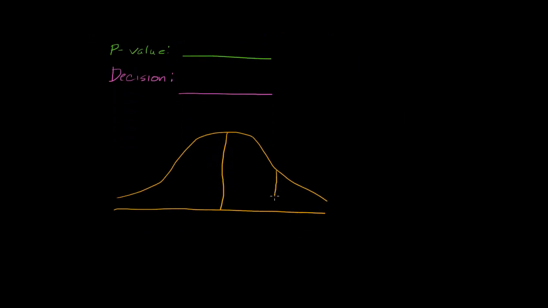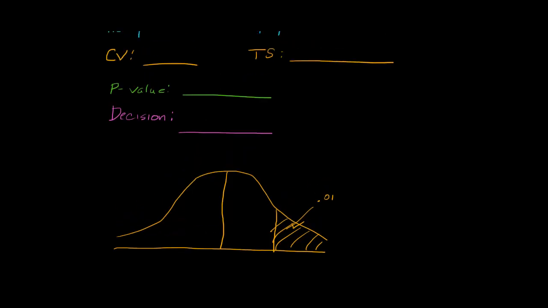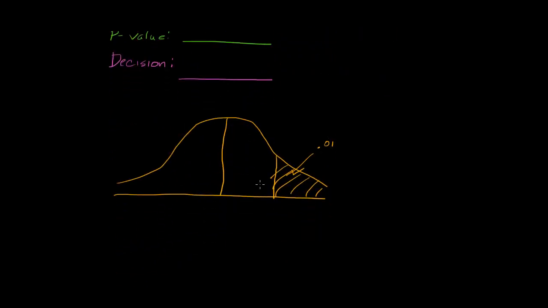So my critical value is going to be over here on the right. And this is the region of alpha, 0.01. Okay. So now to find the critical value that's right here, we use inverse norm, and then we always put in area to the left.